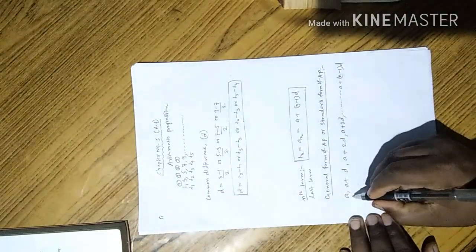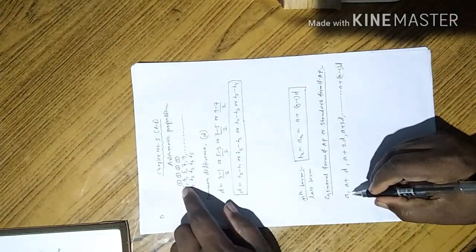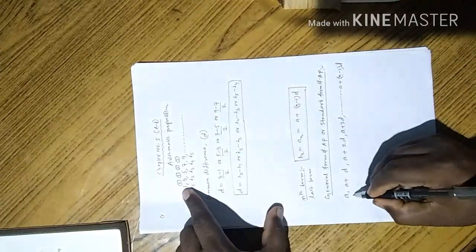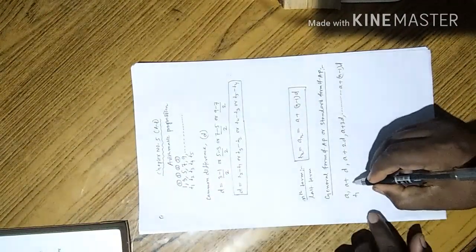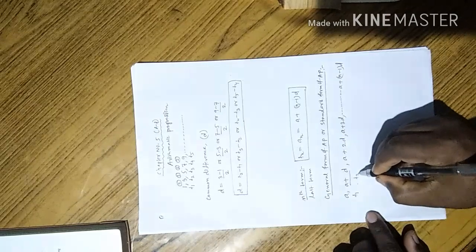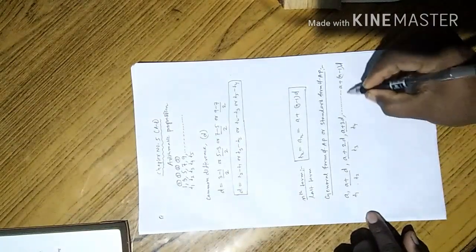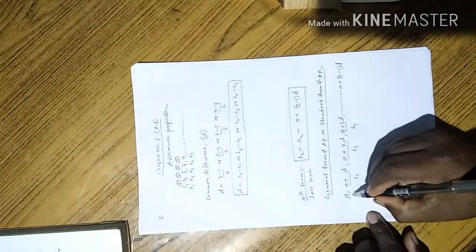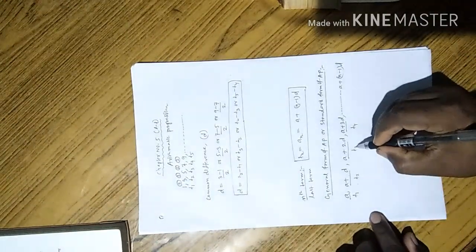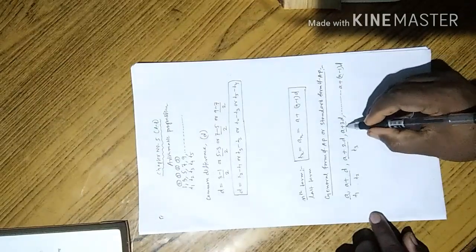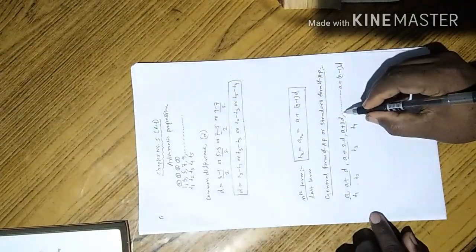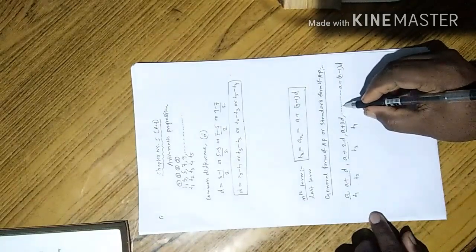You see what is the first term? First term a. This is called the second term. This is called the third term. This is called the fourth term. So you see first term, second term, third term, fourth term. Next will come the fifth term, then the sixth term.